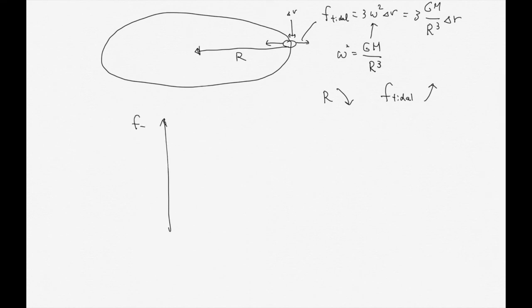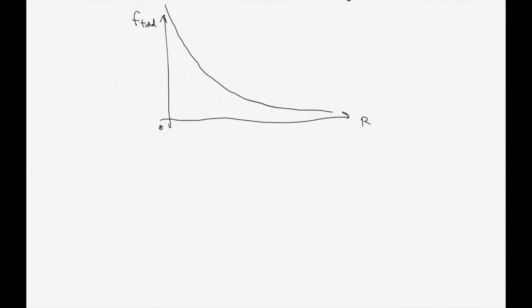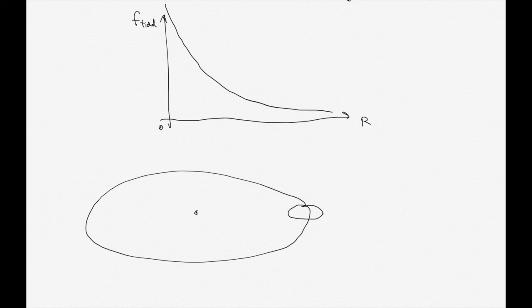Then we'd like to consider a unit mass attached to the outer edge of the rotating object, which orbits the central object.